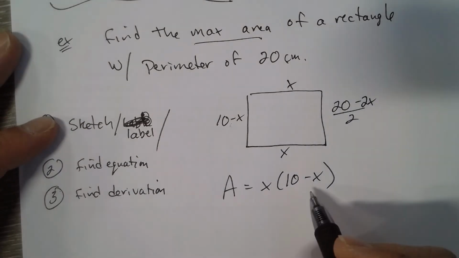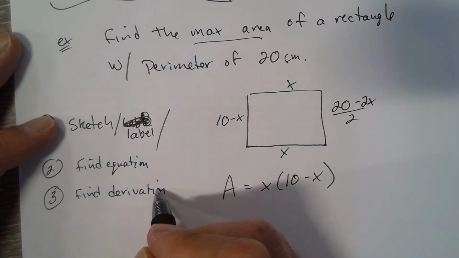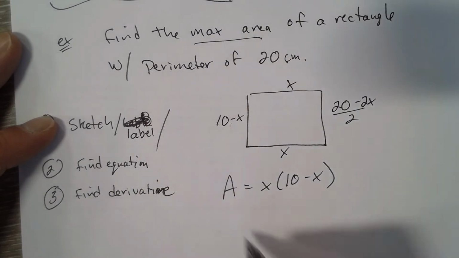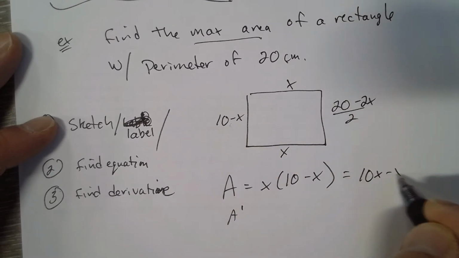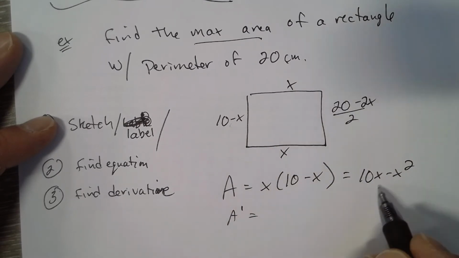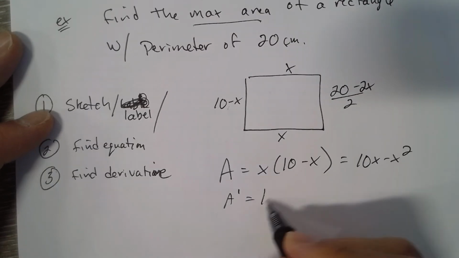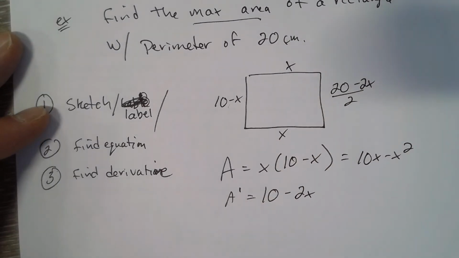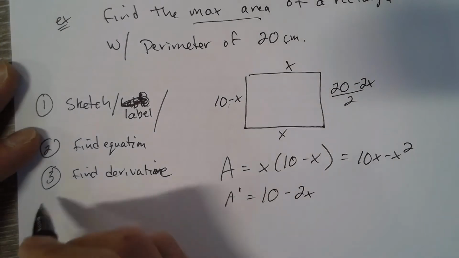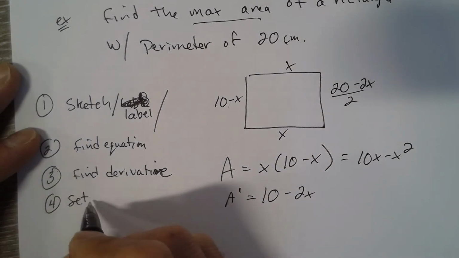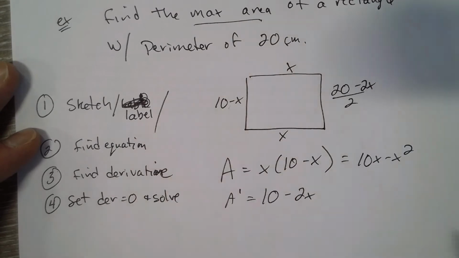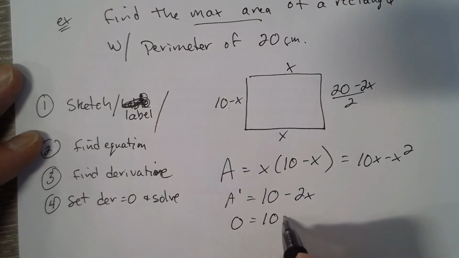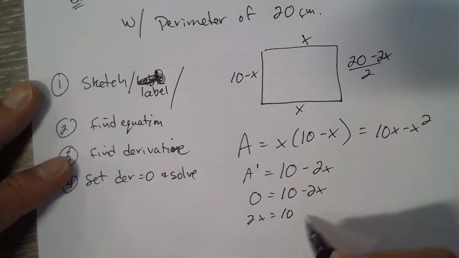So finding the derivative, maybe I'll distribute, so 10x minus x squared, so A prime is 10 minus 2x. Set derivative equal to 0 and solve. So pretty easy problem. So x equals 5.